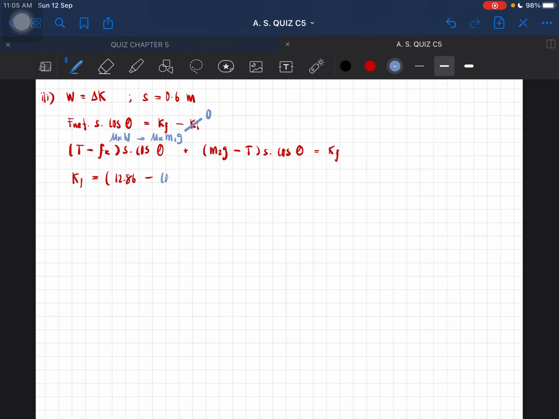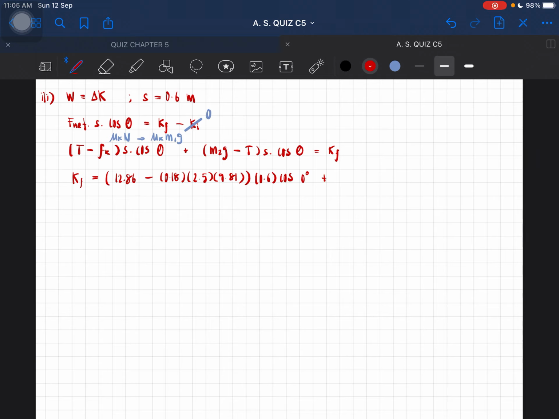So mu k is 0.18, mass is 2.5, times 9.81. Then s is 0.6, cos 0 degree.